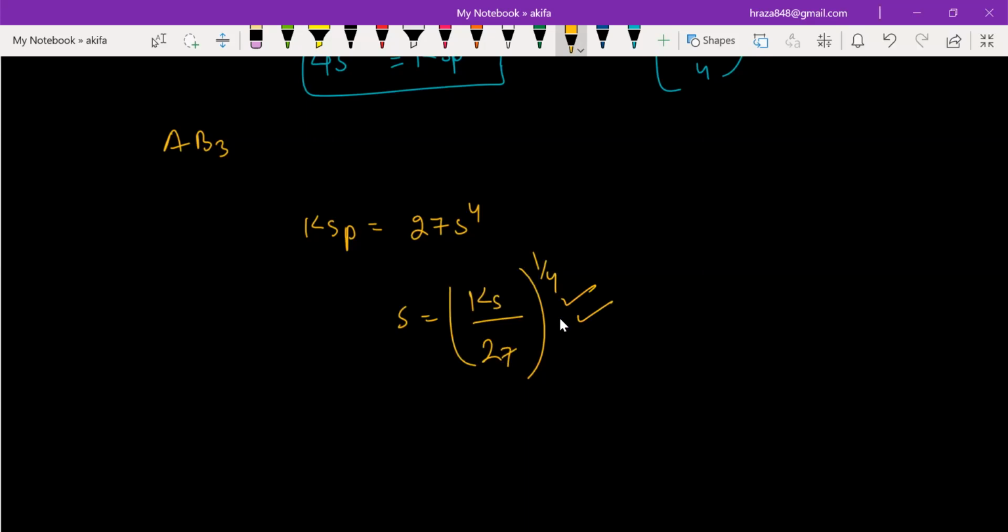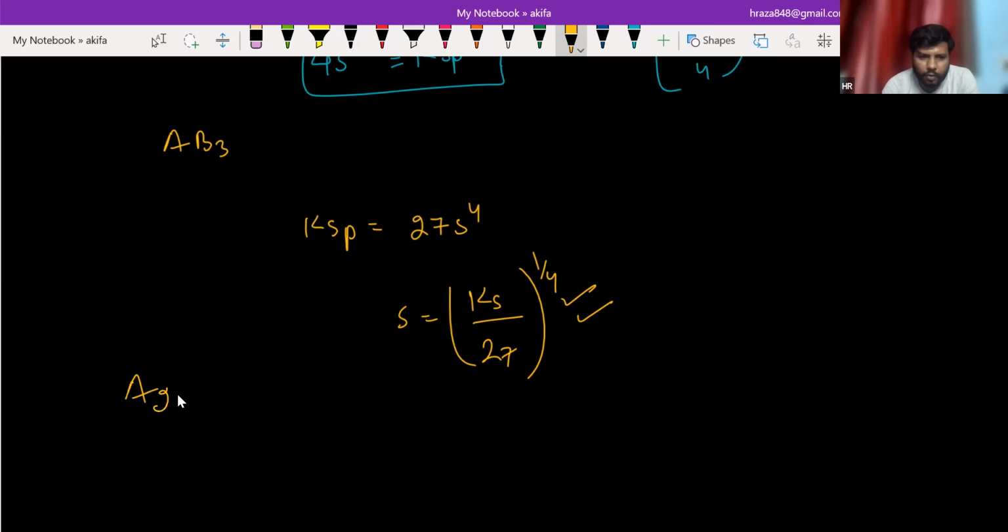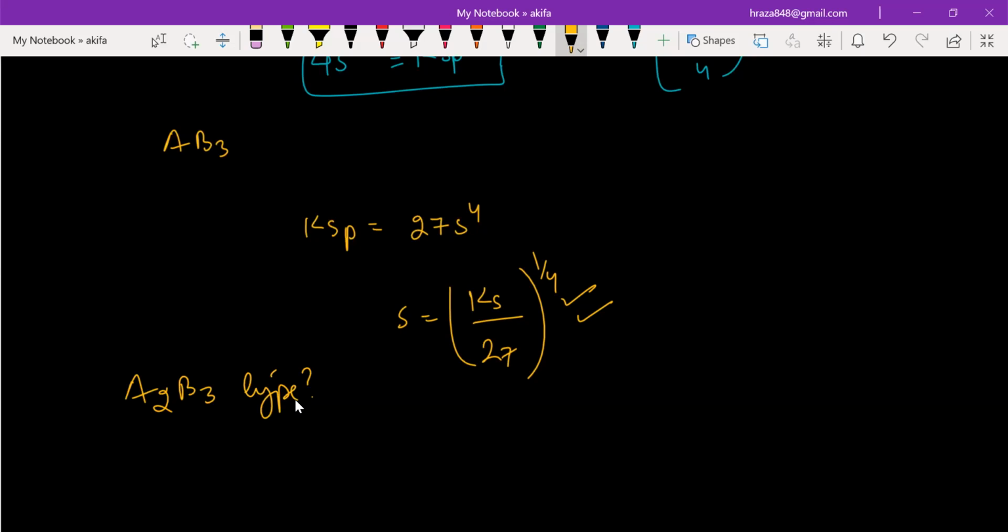This is it. Now, can you do this for the A2B3 type? Yes, it is almost the end of the chapter. We will have some questions in the next class. Then we will start thermodynamics.